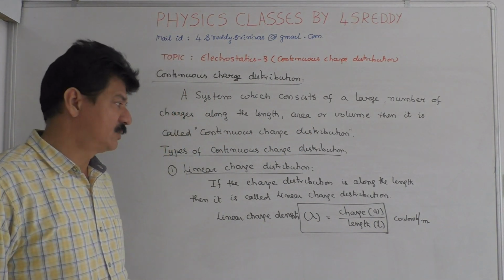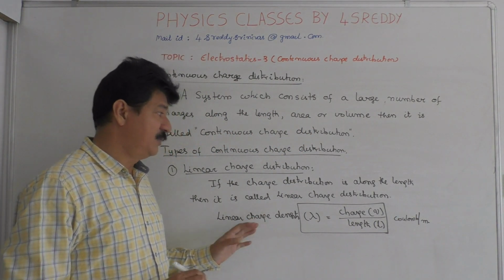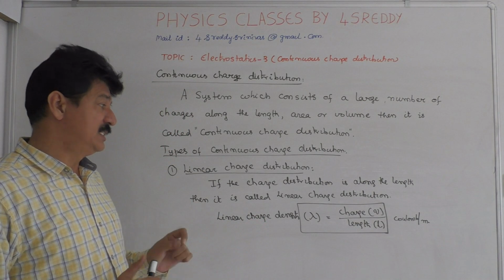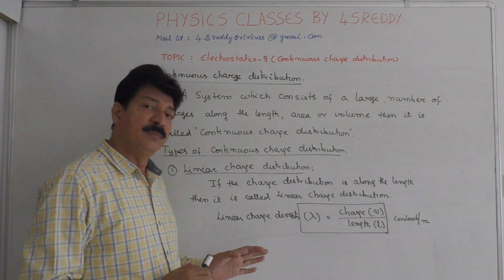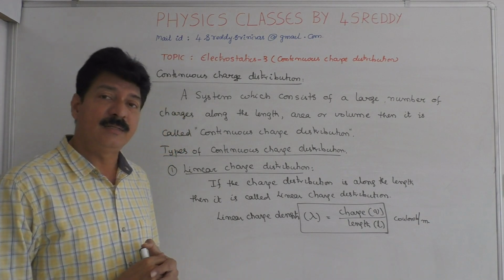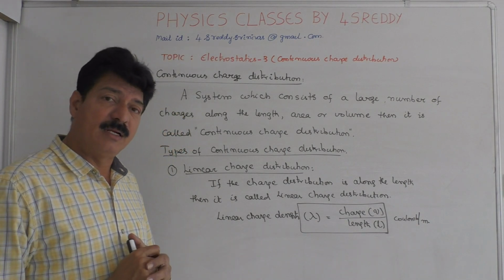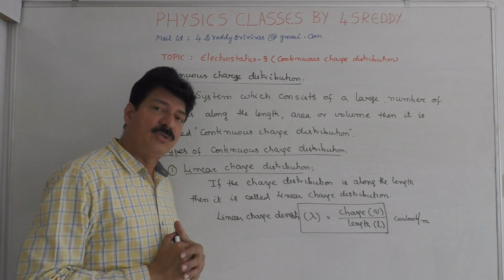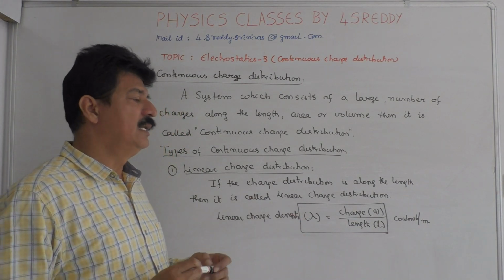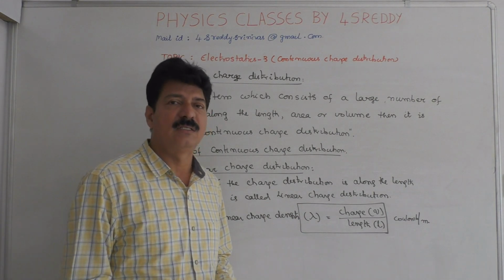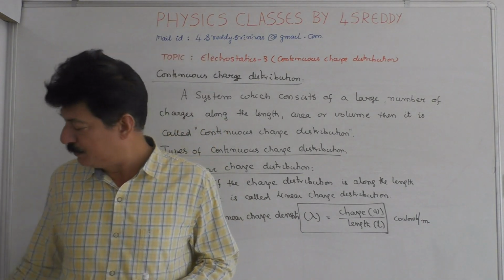If the charge is distributed along the length, then it is called linear charge distribution. If you are going to find the charge on any particular elemental quantity, we have to use the linear charge density formula, charge by length. The charge per unit length is simply called linear charge density.